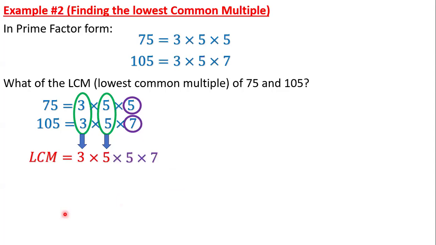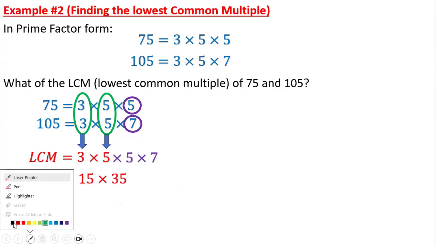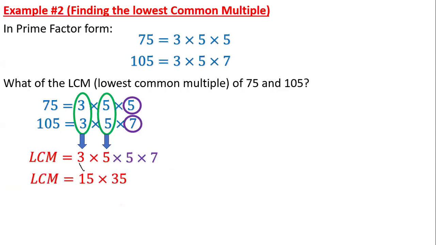Okay, so let's multiply it. We have 3 times 5, which is 15. And 5 times 7 is 35. Now when we multiply 15 times 35, what do we get? 525.